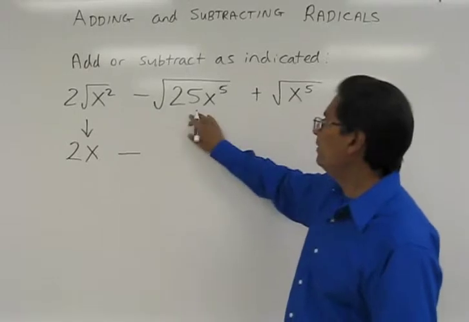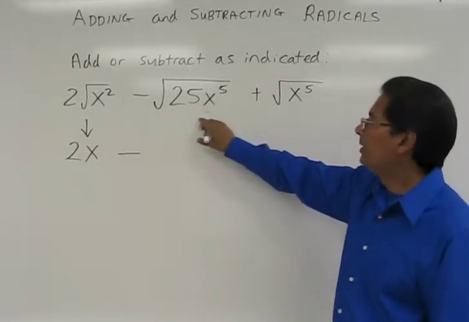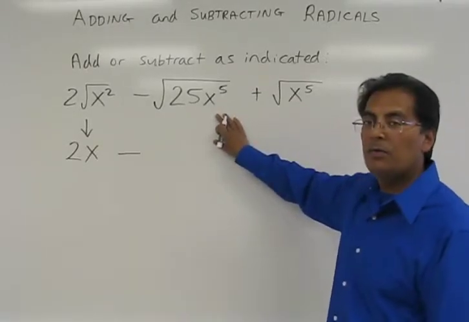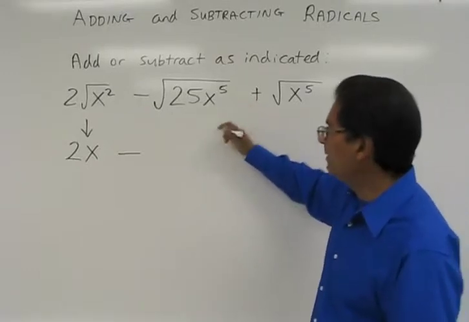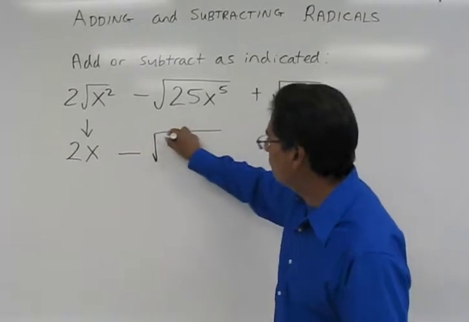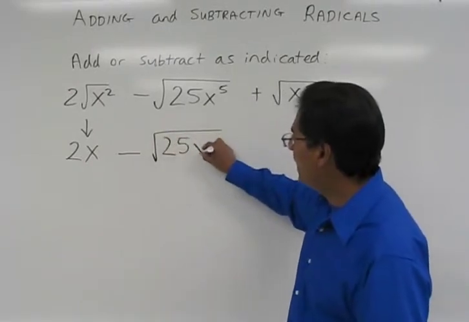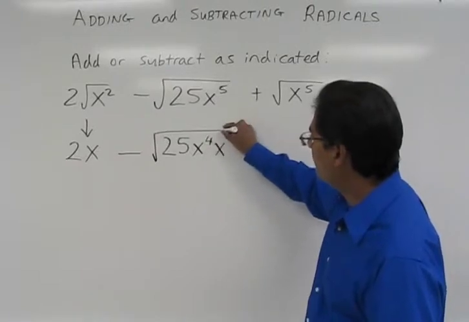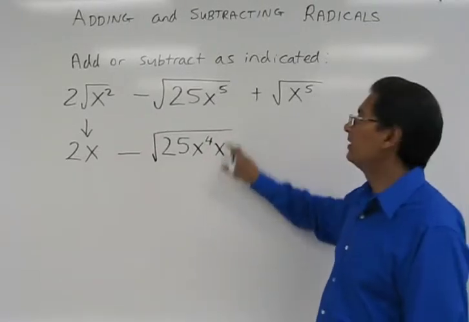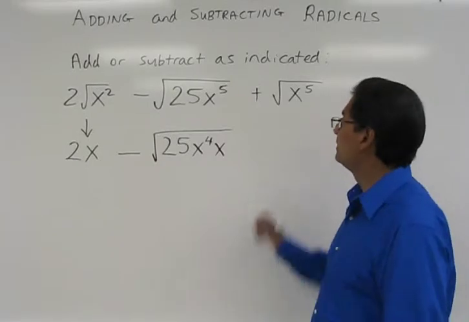Minus, now, 25, I know we can square root 25, but x to the 5th power, we have to break that down. Remember, we're square rooting, so we want an even power up here. So we can rewrite this as the square root of 25, and the next power down is x to the 4th, and then we'll have an x next to it, because x to the 4th times x gives me that x to the 5th.